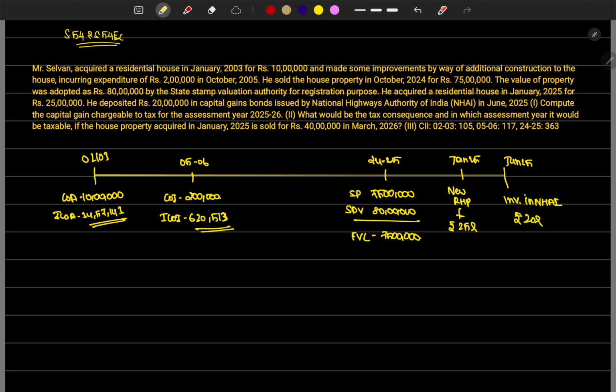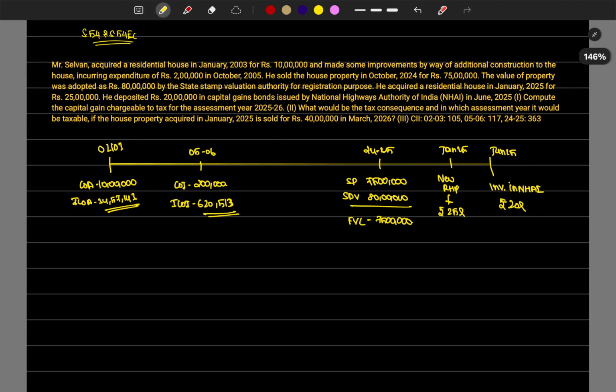What they have asked is to compute the capital gain chargeable to tax for the assessment year 2025. And what would the tax consequences be, in which assessment year would it be taxable, if the house property acquired in Jan 2025 is sold for 40 lakhs in March 2026.